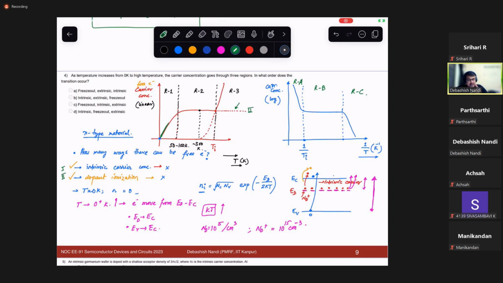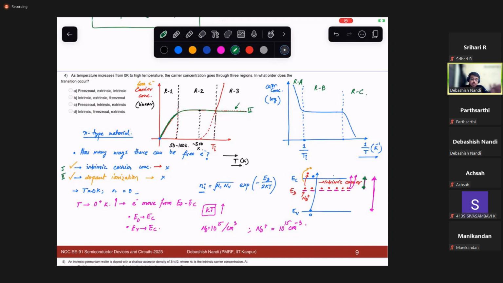As we increase the temperature from 0 Kelvin, the first thing that will happen is that the dopant atoms start to get ionized. Why? Because this energy difference from the conduction band is lesser, okay? After some time, all of my dopant atoms get ionized.